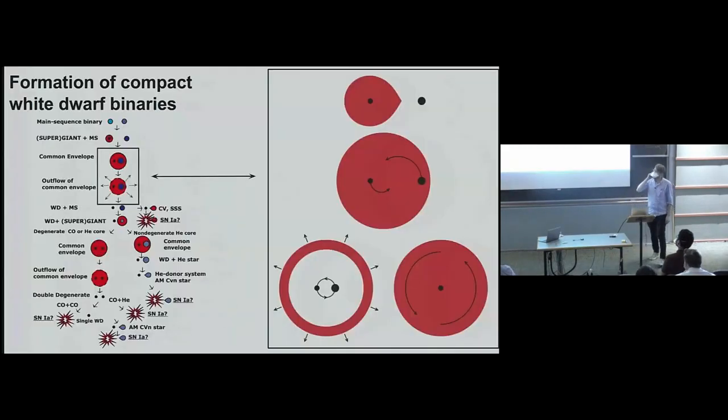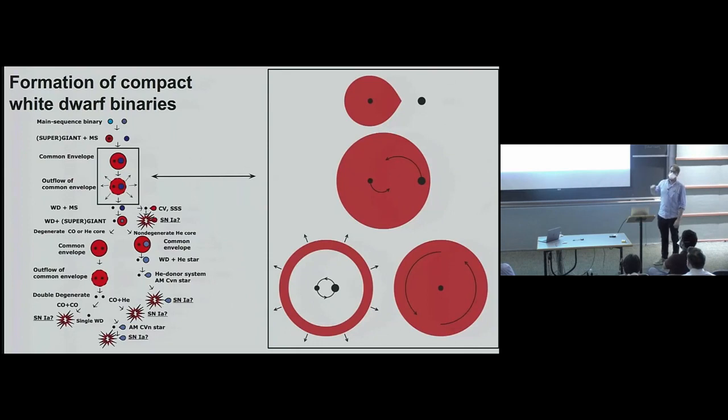So a very quick background on short period compact white dwarfs. You basically make them by taking two main sequence stars. One of them evolves, they go through a common envelope, and you get out a white dwarf and a main sequence star. Of course, depending on the orbital separation and the mass of the components, you can have further evolution in different scenarios.